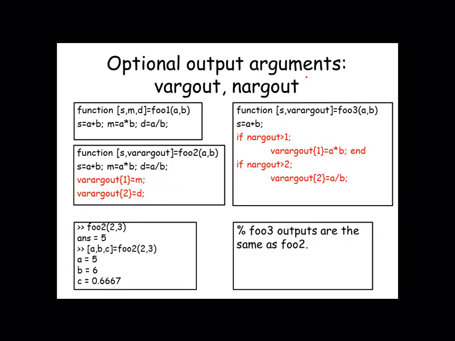There is an important distinction between nargout and nargin. Remember that nargin contained the number of input arguments provided to a function, and that contained the number of named arguments plus those captured as part of the varargin. On the other hand, nargout contains only the number of variable output arguments, excluding the named output arguments.